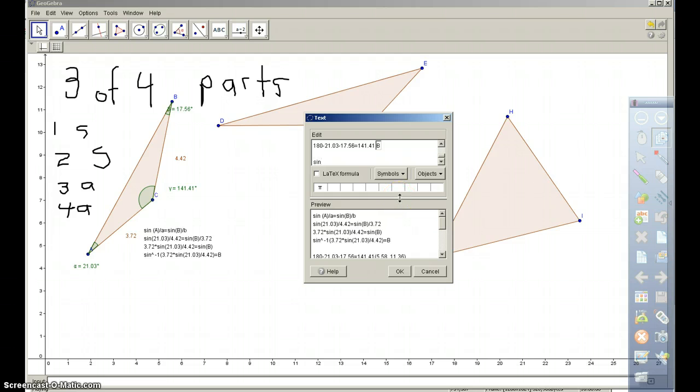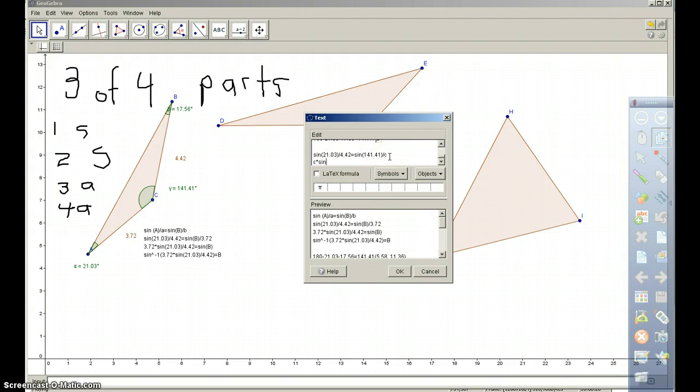Here we go. So we go sine of 21.03 divided by 4.42 is equal to the sine of 141.41 divided by, and we'll call that side little c, right? So if we want to solve for c, we multiply both sides by c to get it out of that denominator.